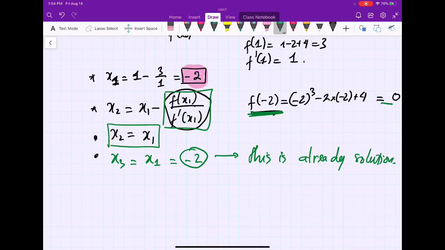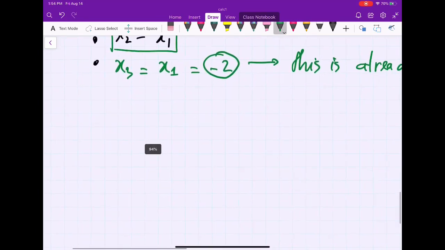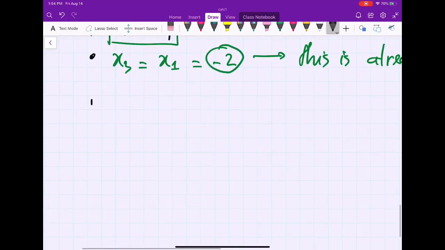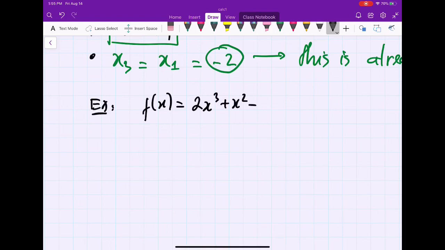Okay, let's choose another problem. Let's solve one more example. Now let's pick the function 2x cubed plus x squared minus x plus 1, and we start from, let's say, x0 equal to 1.